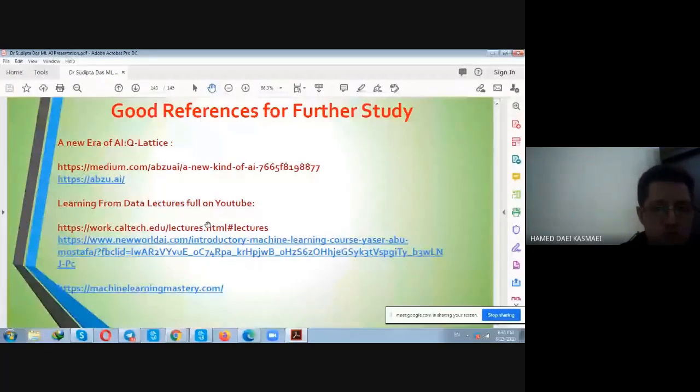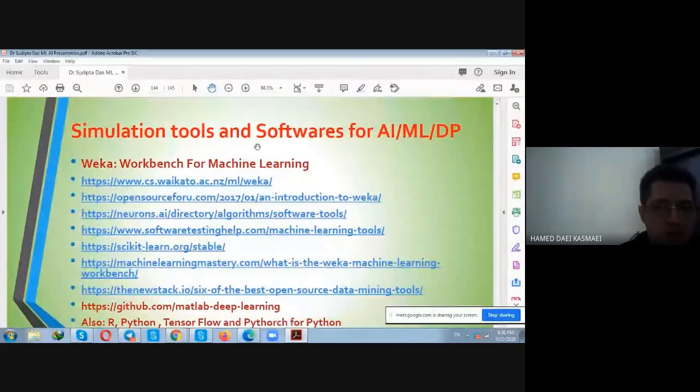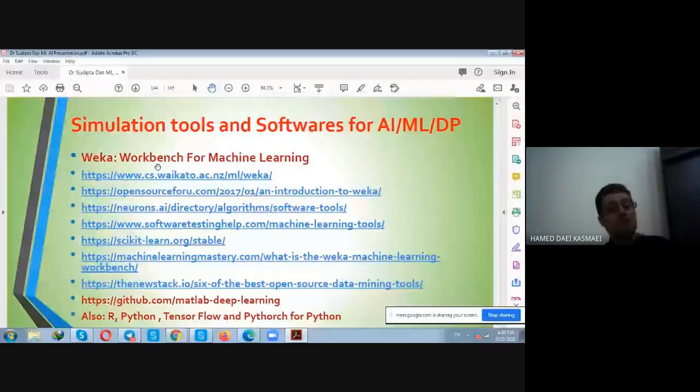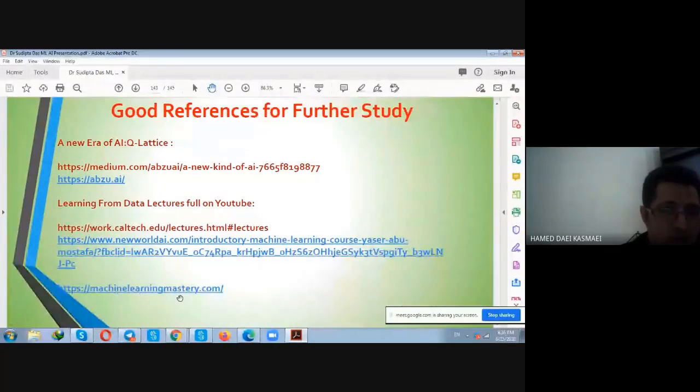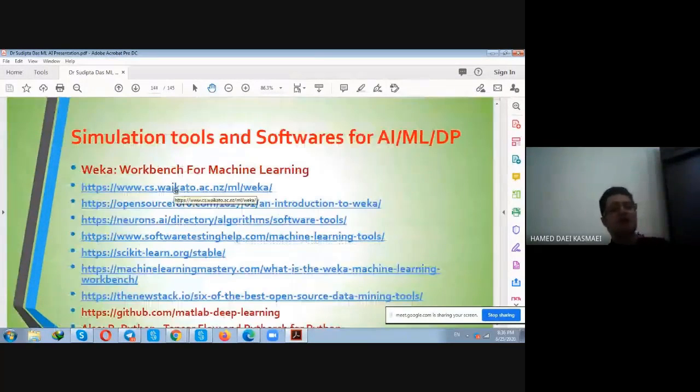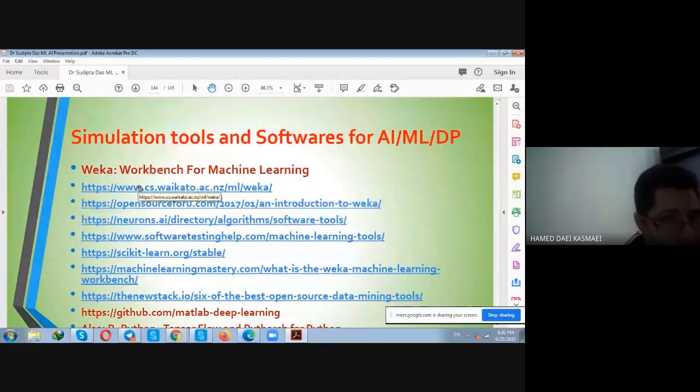And simulation tools and software about AI, ML, and DL are the WEKA workbench for machine learning, that is very famous now. Machine Learning Mastery recently introduced it, but it's a very old tool for simulation of AI, and it's very good.